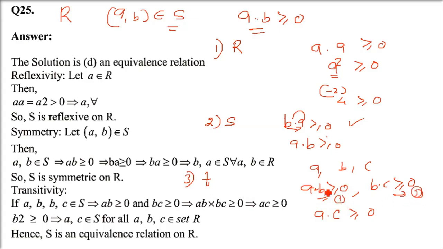Assume this to be equation 1, this to be 2. Multiply these two equations: A dot B dot B dot C greater than or equal to 0. Now divide both sides by B square. What do you get? A dot C is greater than or equal to 0. So you get the third point also. This is also an equivalence relation. D is the correct answer. Equivalence relation.